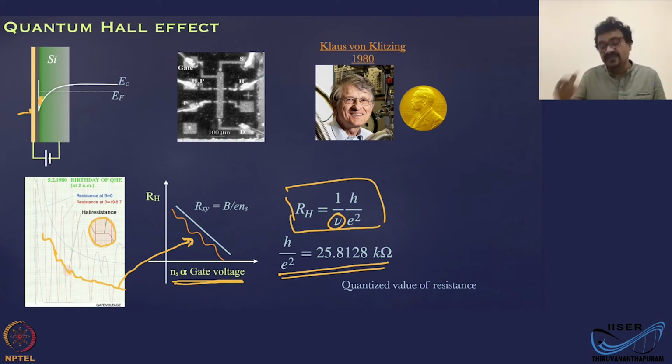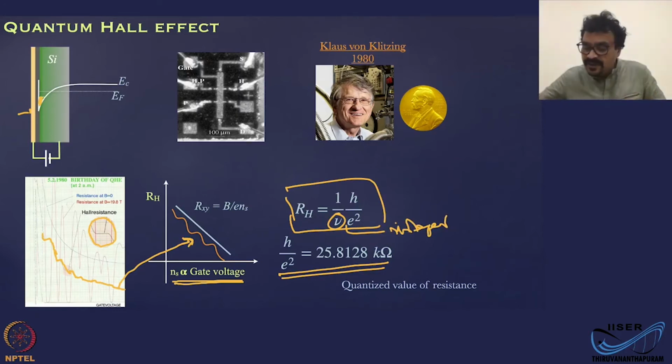I would say conductance is quantized because the Hall resistance is 1 by nu, where nu is an integer. So RH is quantized as 1 by nu times h by e squared. Okay, this is the quantum Hall effect.